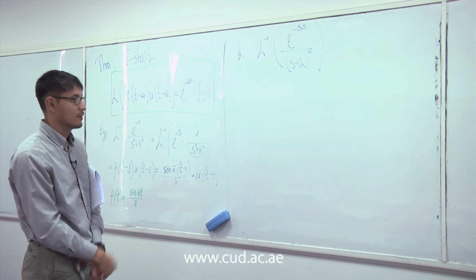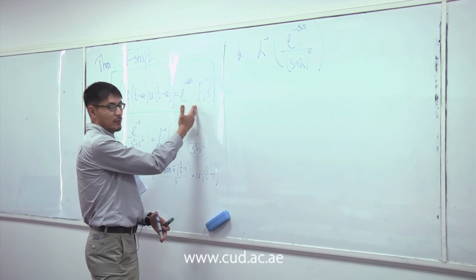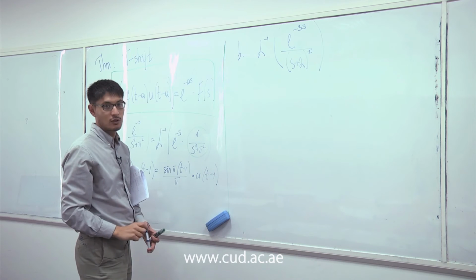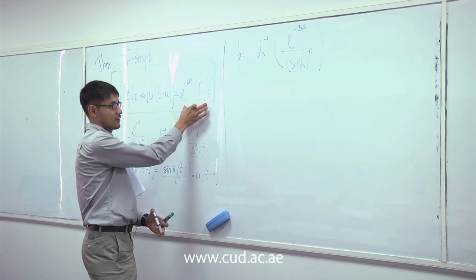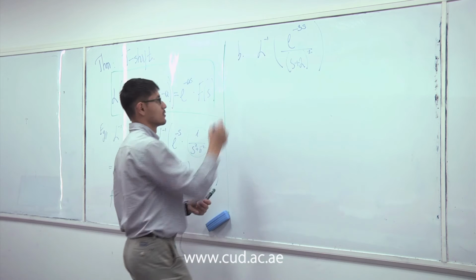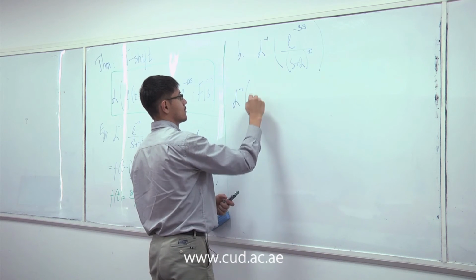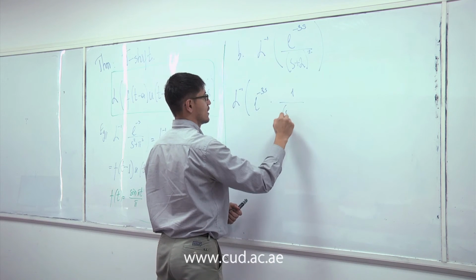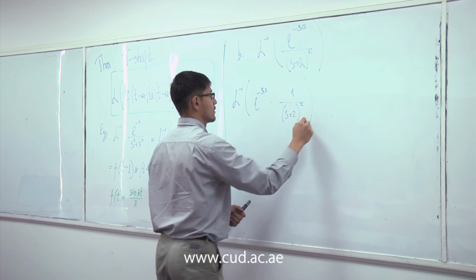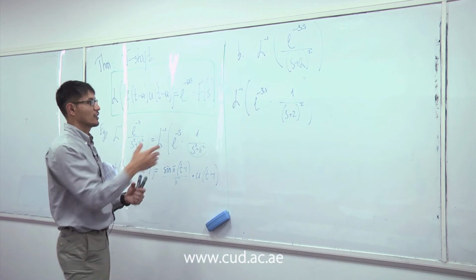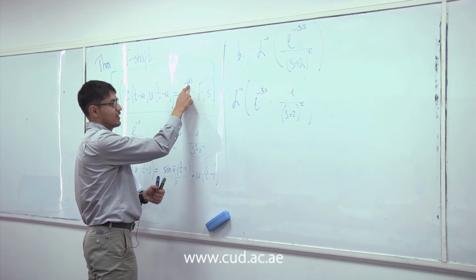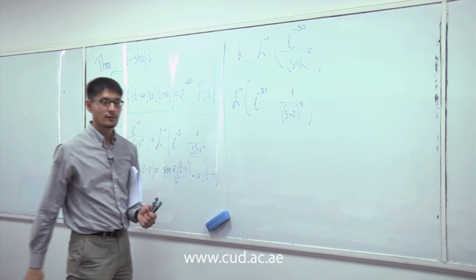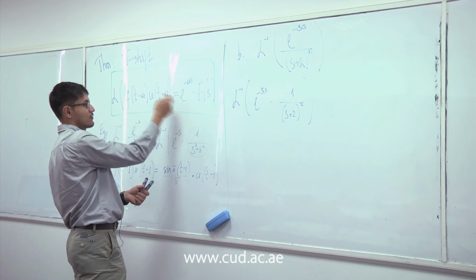Okay, let's try it together. Again, we suspect that we might be able to use the T-shift formula to find the inverse transform. So first let's make it look like the T-shift formula. So I'm going to write it as e to the minus 3s times 1 over s plus 2 squared. Okay, so here it's clear a would be 3, and big F is equal to 1 over s plus 2 squared.